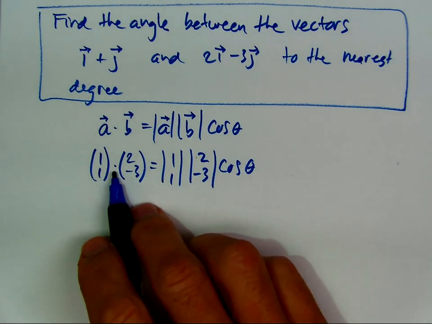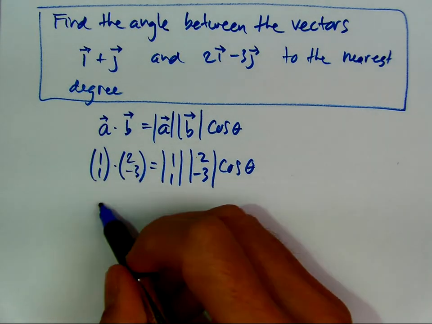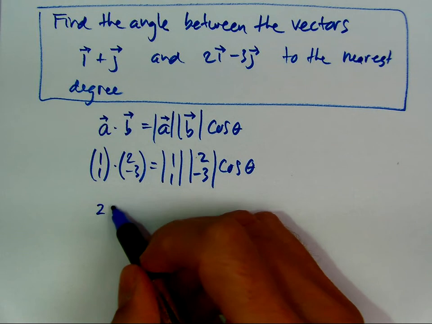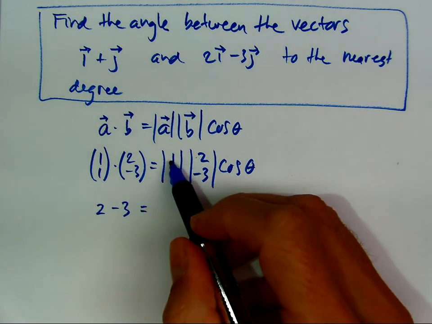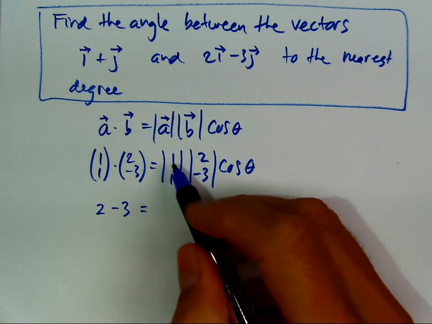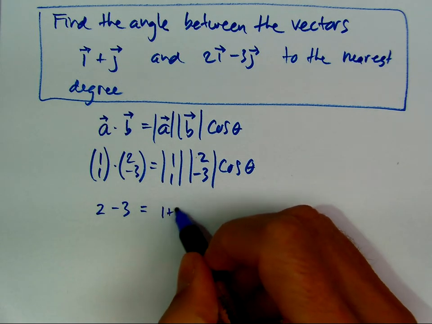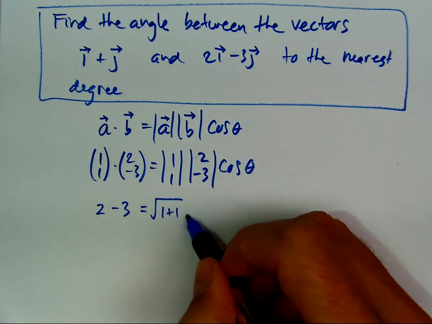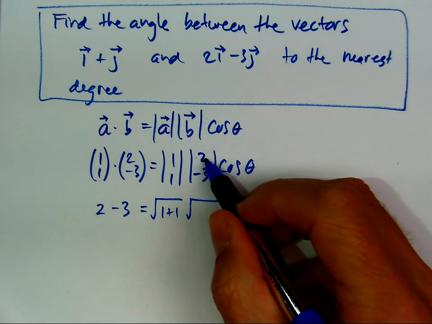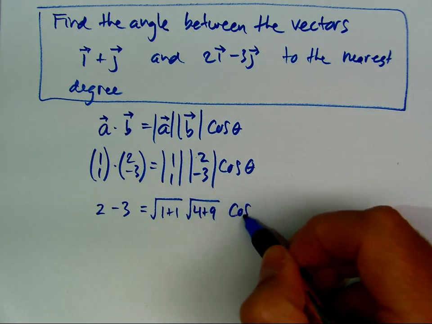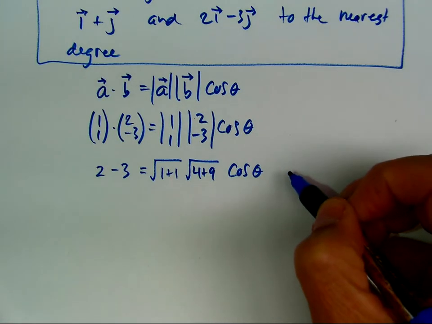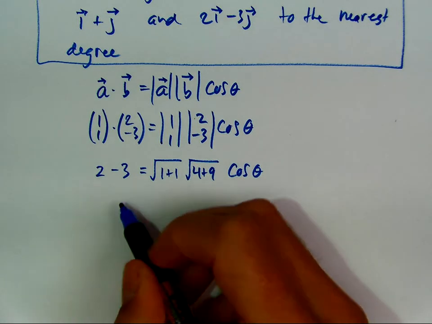The dot product is 1 times 2, and then 1 times negative 3. Here we're going to square, square, square root, so it's 1 plus 1, and this is going to be 4 plus 9. And we have negative 1.